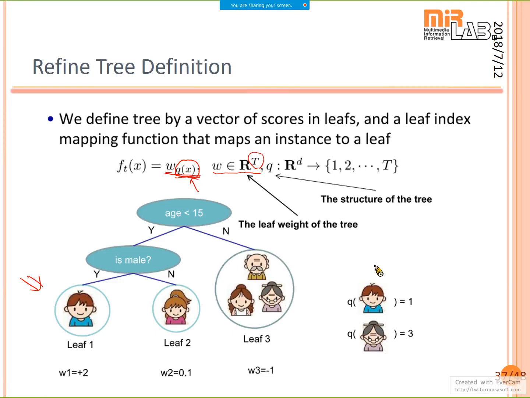So for instance, this little boy has been put into the first leaf right here, so q of this guy is equal to 1, because this is leaf 1. And q of our grandma, because she is in leaf 3, is equal to 3. So for any given instance, we can find the index of the leaf the instance will be put into.